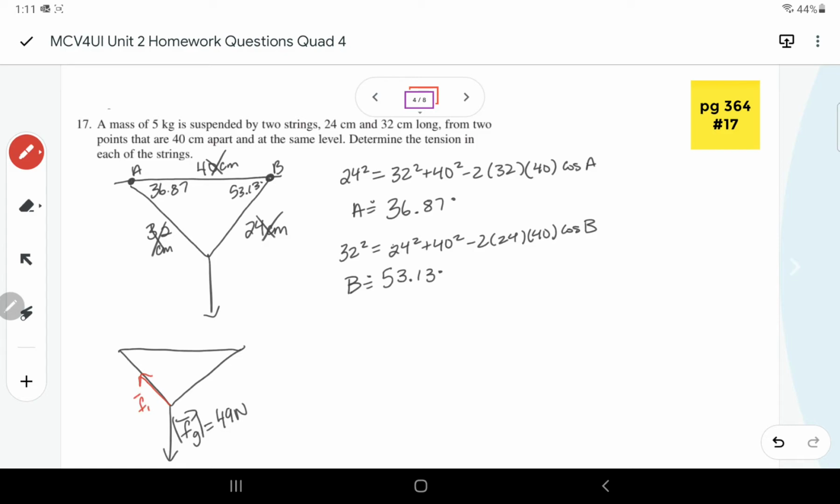In the lesson I called these F1 and F2, but in the notes I said T1 for tension. It doesn't matter, use whatever notation you want. Here I know they have to have a resultant that is the equilibrant of gravity.